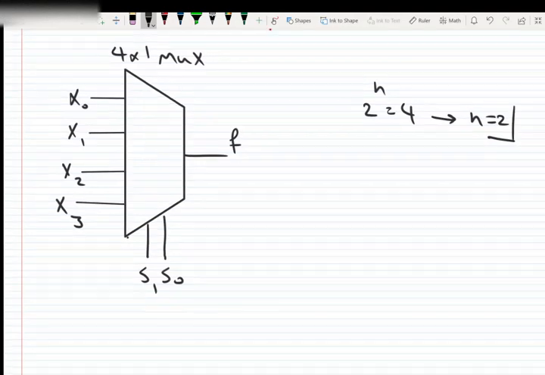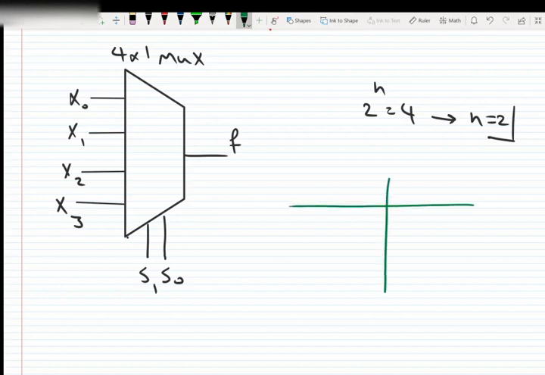So how does it work? It's exactly similar to the 2 by 1 multiplexer. We have two select controls, which are S1 and S0, and the output. If both control inputs are 0, 0, then X0 will be connected to the output. So the output will be X0.